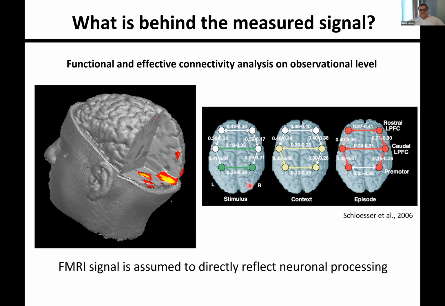Another way of analyzing this data is looking at the different brain areas, like from this study, and looking at graph models, models of how brain areas are interacting with each other, using the fMRI time courses to determine which brain area influences another brain area and what the connectivity strength during that specific task is.